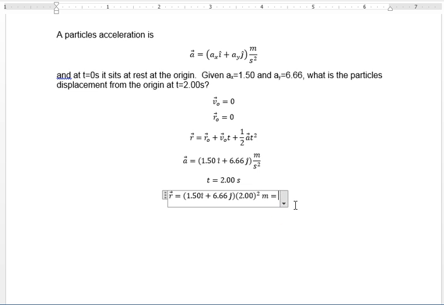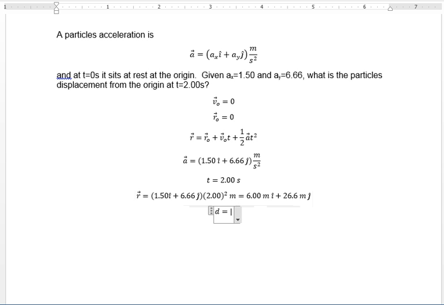Okay, so this is going to be 6.00 meters i hat plus 26.6 meters j hat. All right, that's the displacement vector. What is the displacement from the origin at t equals 2 seconds? So the displacement from the origin is just going to be d, which is the magnitude.